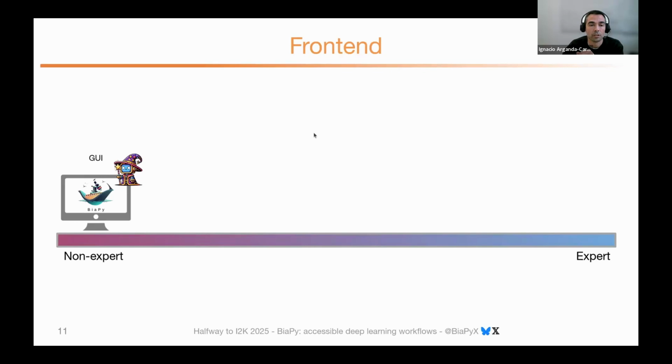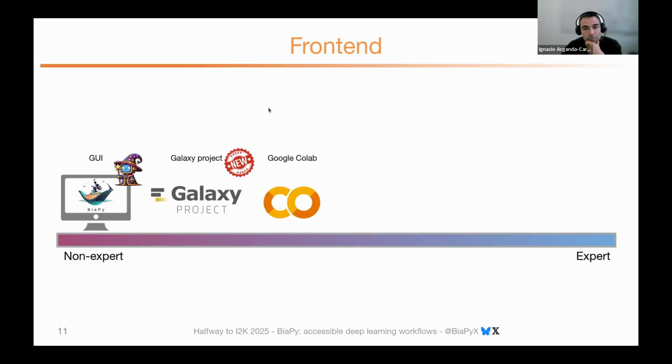Okay, we can also now, and this is a novelty, run these workflows in Galaxy. You will see, we basically achieved this a couple of weeks ago. We have no-code Colab notebooks that you can run either in Google Colab or locally.